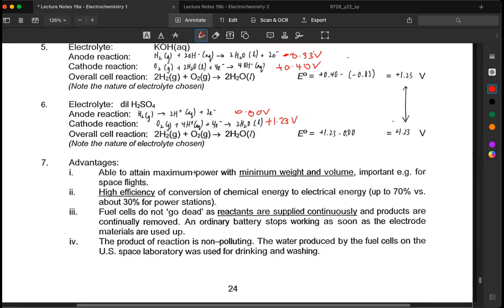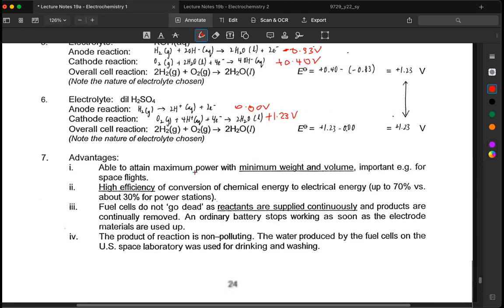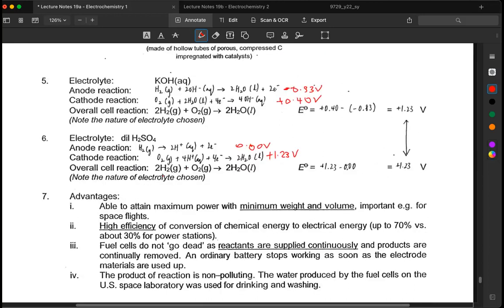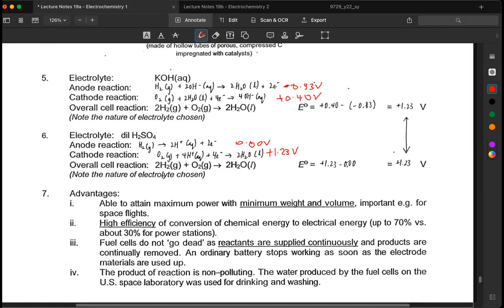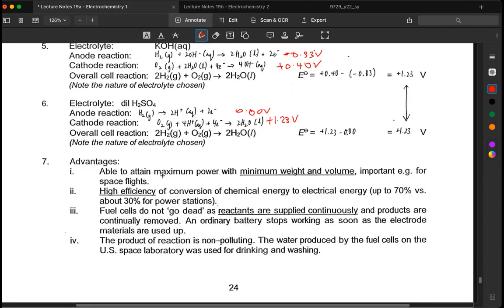So what's the advantage of having the hydrogen oxygen fuel cell? Because the input gases are hydrogen and oxygen, you are able to obtain maximum power with minimum weight and volume. So with less weight and volume, we can get a lot of power, which is useful for spacecraft. We need to travel a longer distance. High efficiency of conversion of chemical energy to electrical energy, up to like 70%. You don't lose a lot of energy.